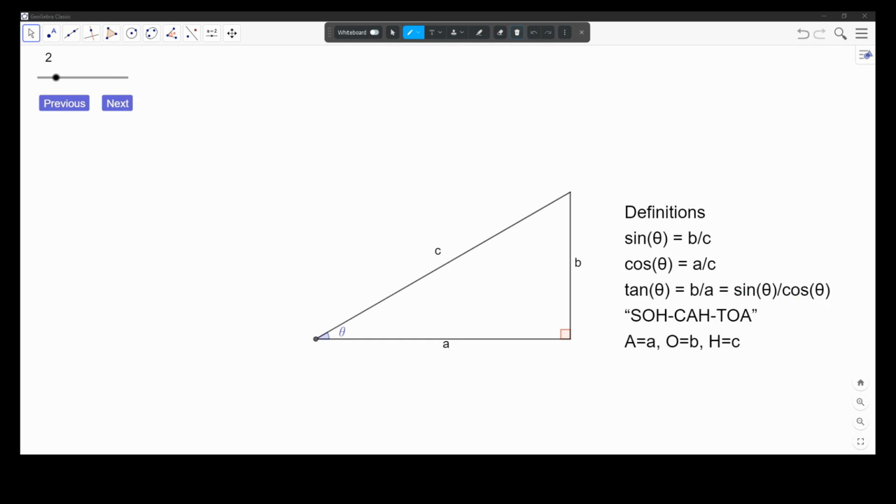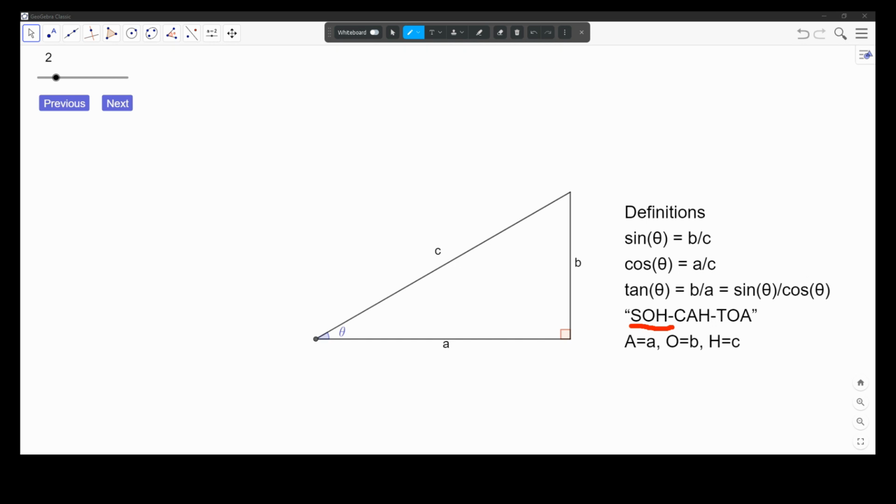Now there's this mnemonic to help you remember these relationships, and it goes SOHCAHTOA.